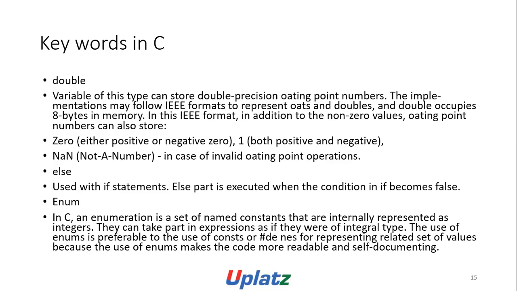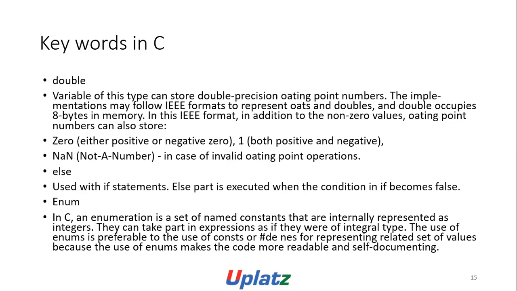In this IEEE format, in addition to the non-zero values, floating point numbers can also store 0, either positive or negative, infinity, both positive and negative, and NaN, not a number, in case of an invalid floating point operation. Else is used with if statements. With if statements, the else part is executed when the condition in the if becomes false.